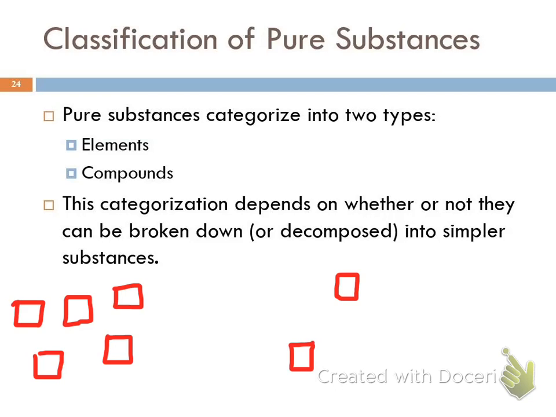We can also have a pure substance, just bear with me here, that is made up of these little tiny creations. A blue brick stuck to a red brick. Every particle in this substance is the same, but these little particles could be taken apart, right? You could separate the blue and the red from each other.